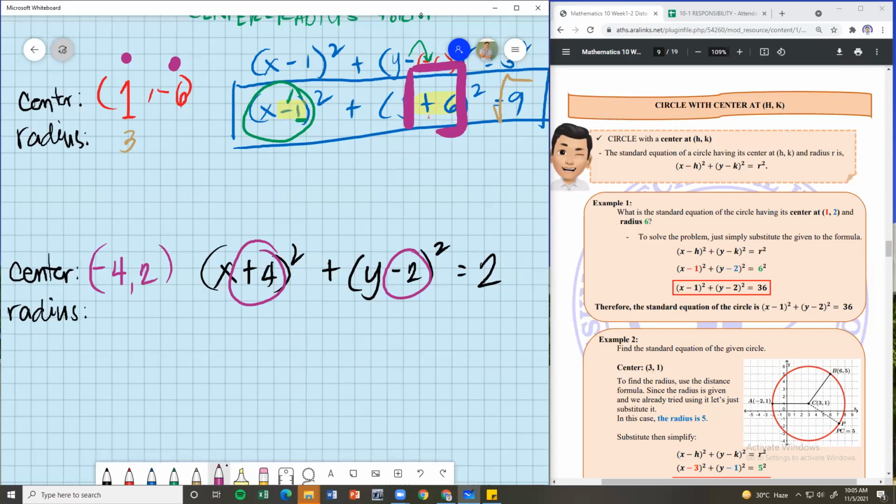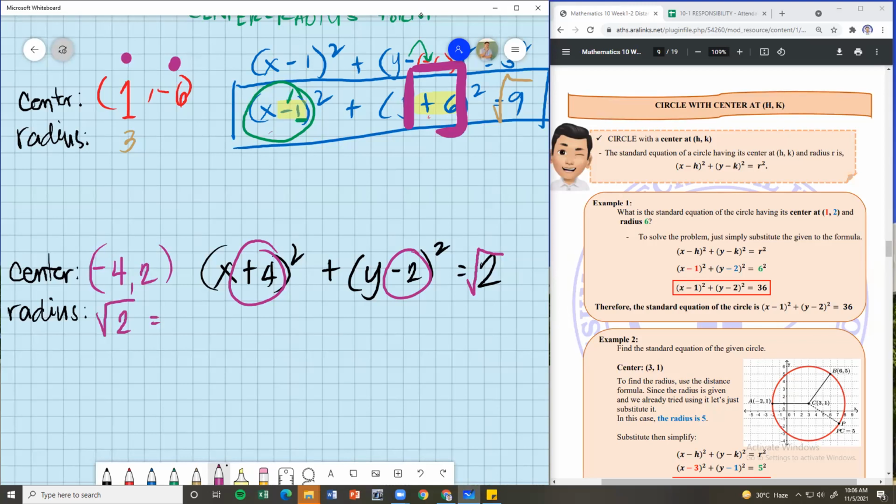For the radius, I told you to get the square root of your constant. So the square root of 2 is what? Actually, square root of 2 is already the answer. Now, some used a calculator. What's the square root of 2?